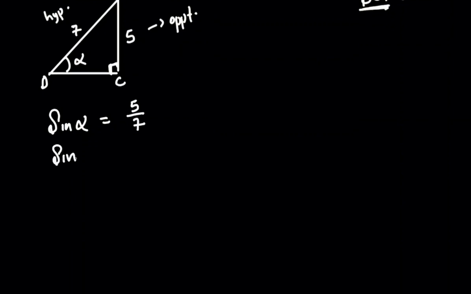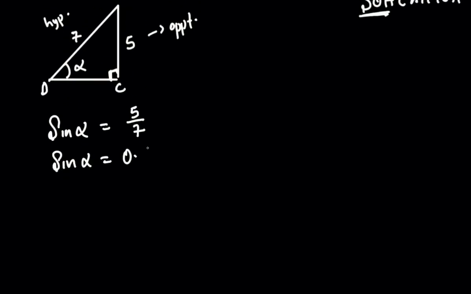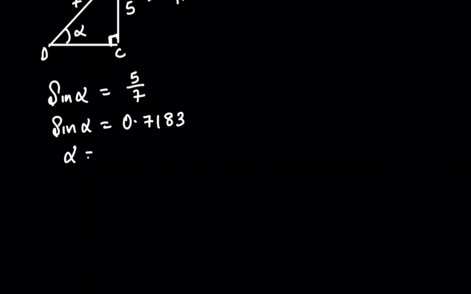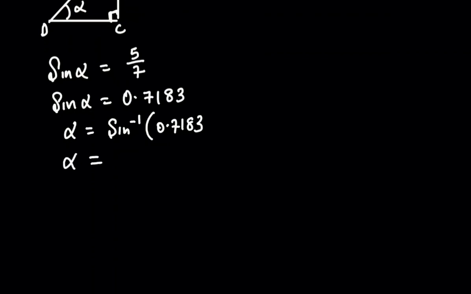So sine alpha is equal to 0.7183. All right, so alpha is going to be sine inverse of 0.7183, and alpha is equal to 45.91.